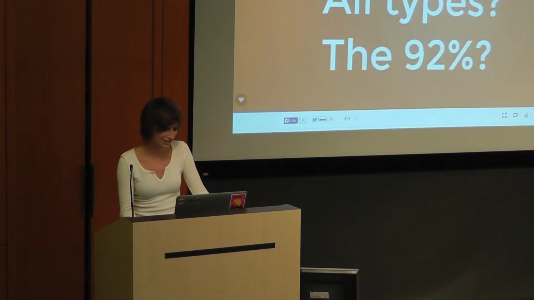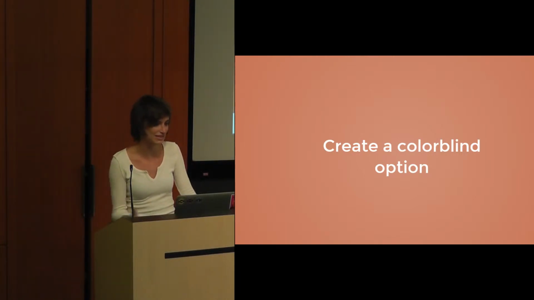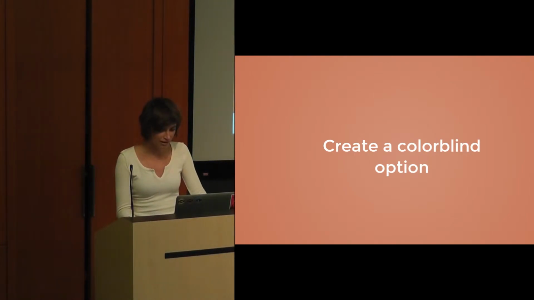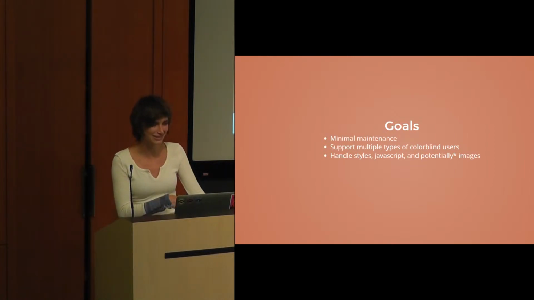So we're going to cover a couple different use cases. We basically want to create a colorblind option for your users instead of just creating a site that is accessible to everyone, because we have these other concerns like red and green. So the way we want to do that, we want to create a site that is colorblind friendly without impacting development.